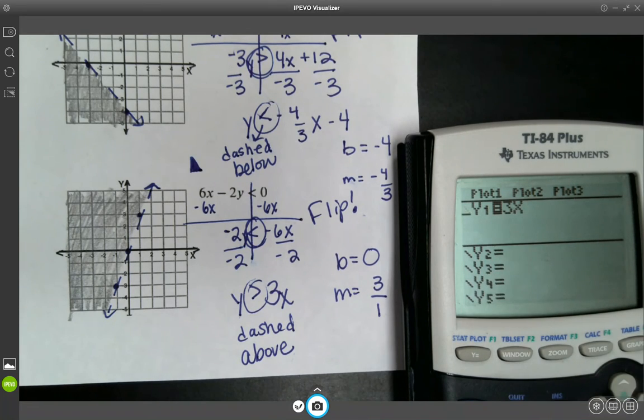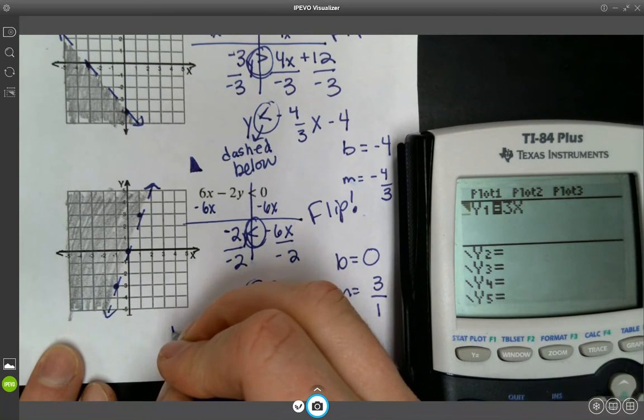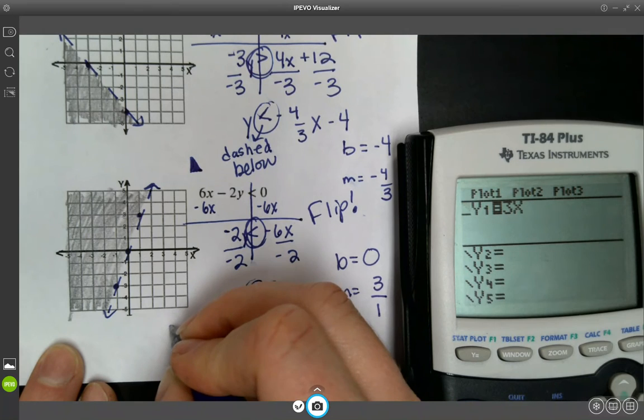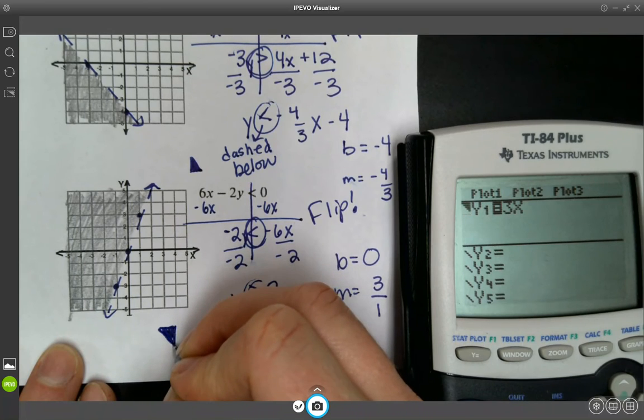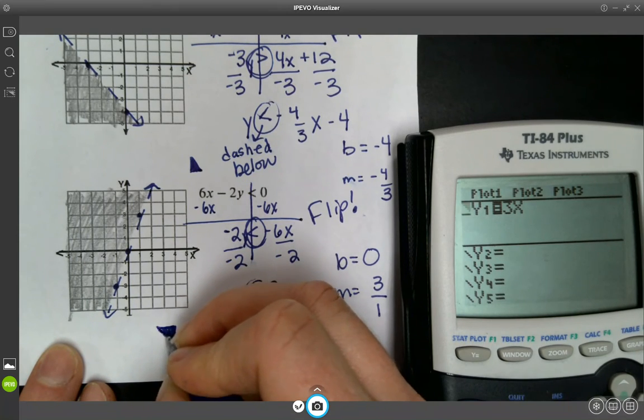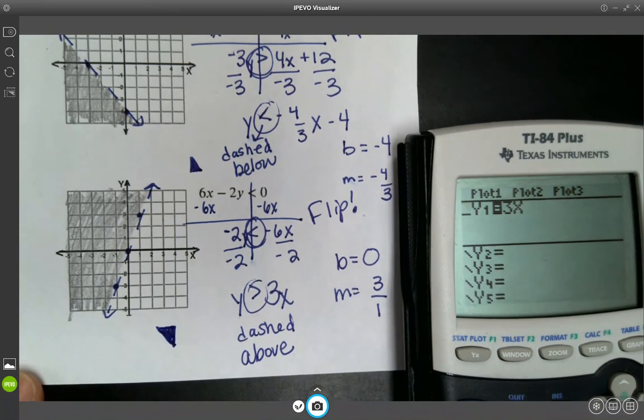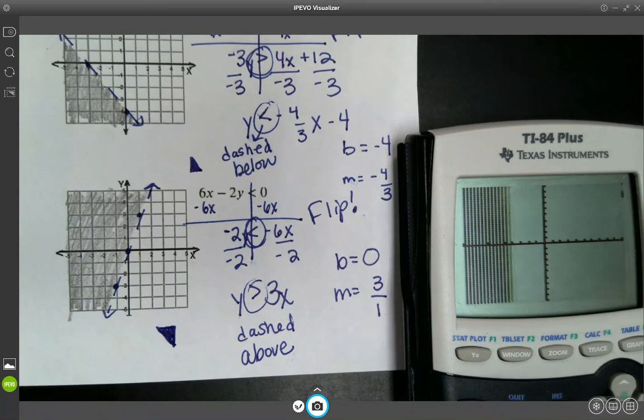We're going to do above, so push enter. Above looks like this in the calculator. We have this in our notes, but it looks like that because that's on the roof. Hit graph. And that's what it looks like.